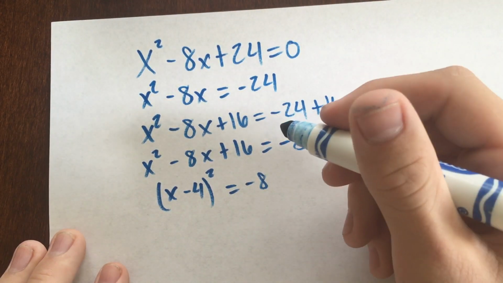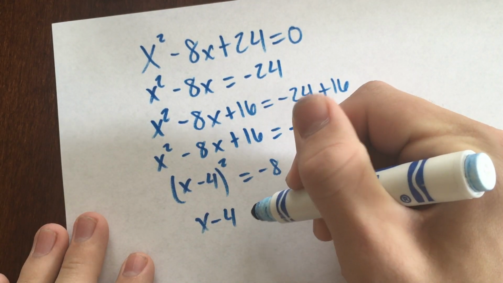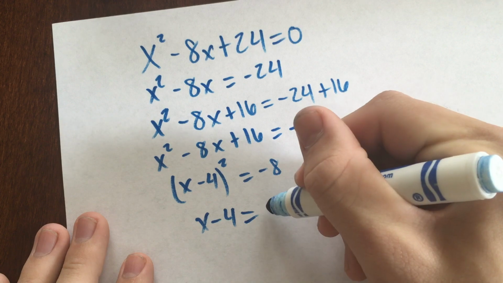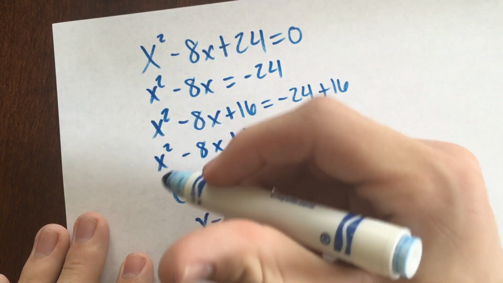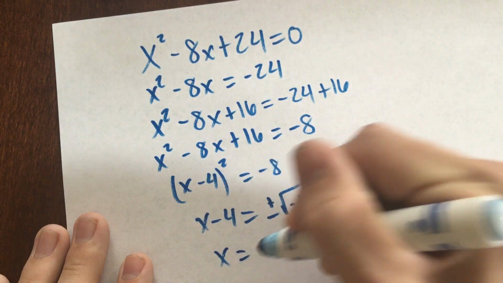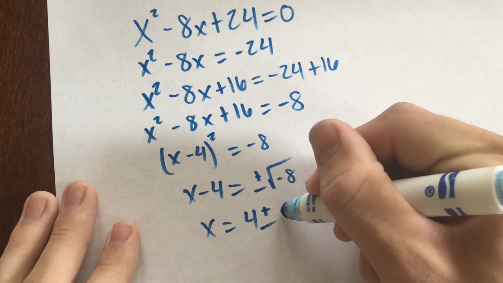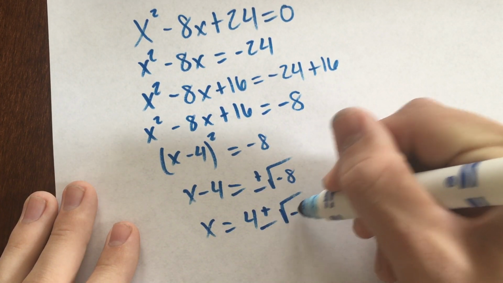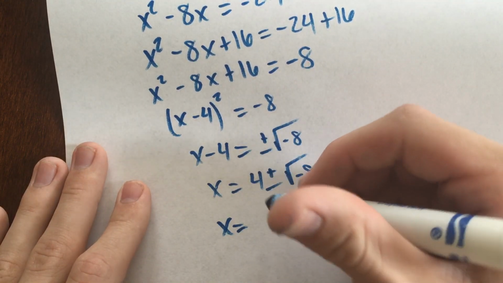We are then going to get rid of the square by square rooting both sides, so we're going to do plus or minus the square root of negative 8. We are then going to move the negative 4 to the other side by adding to both sides. So it's going to be x equals 4 plus or minus the square root of negative 8.